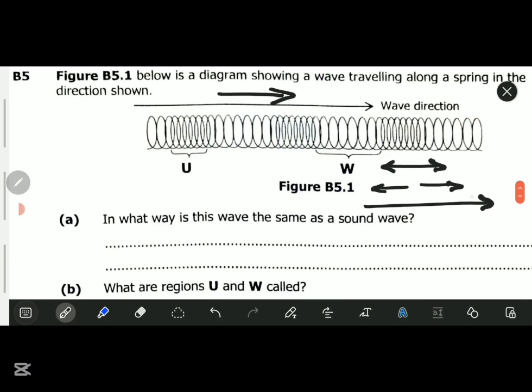And knowing what type of wave sound waves are, we can say that sound waves are also longitudinal waves.